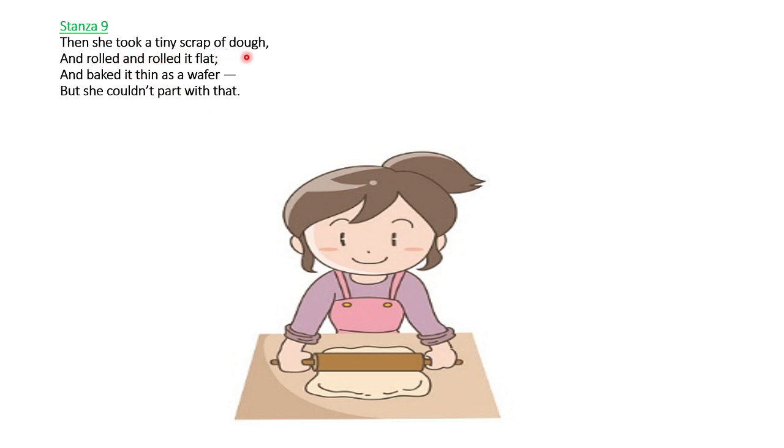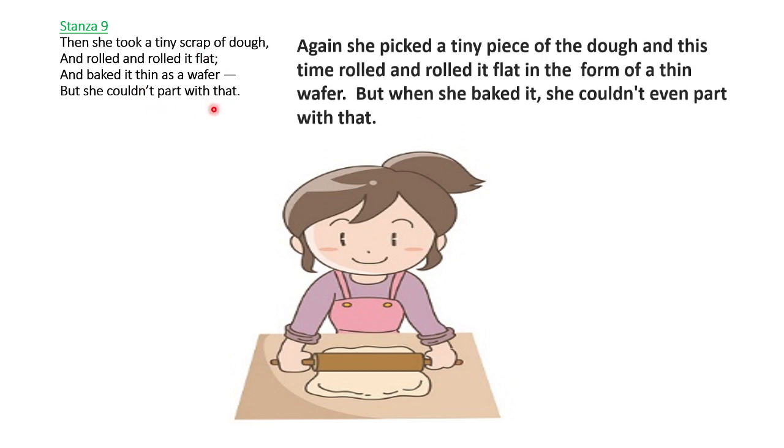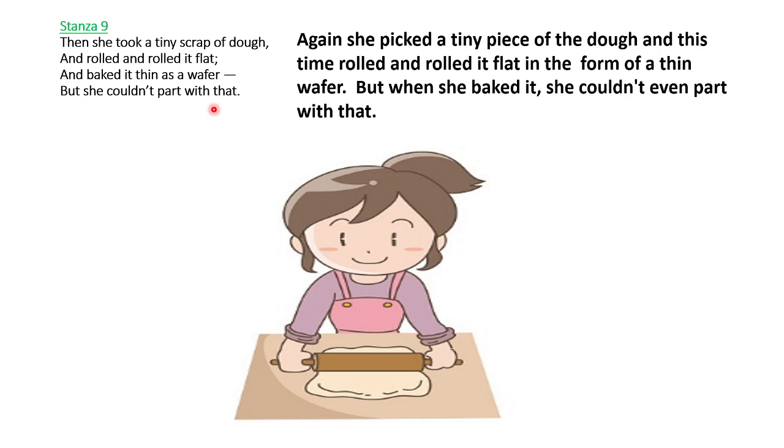Then she took a tiny scrap of dough and rolled it flat and baked it thin as a wafer. But she couldn't part with that. So now, third time, she took a very tiny piece of dough and this time rolled it flat.